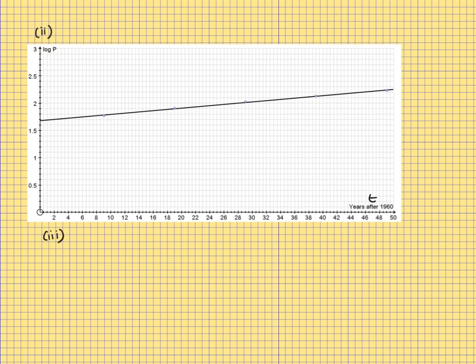So let's just go back to the equation of our straight line, the reduced linear form. This was log p is equal to log a plus kt, or log p equals kt plus log a. And of course the logs were to the base 10. Let's compare this to y equals mx plus c.